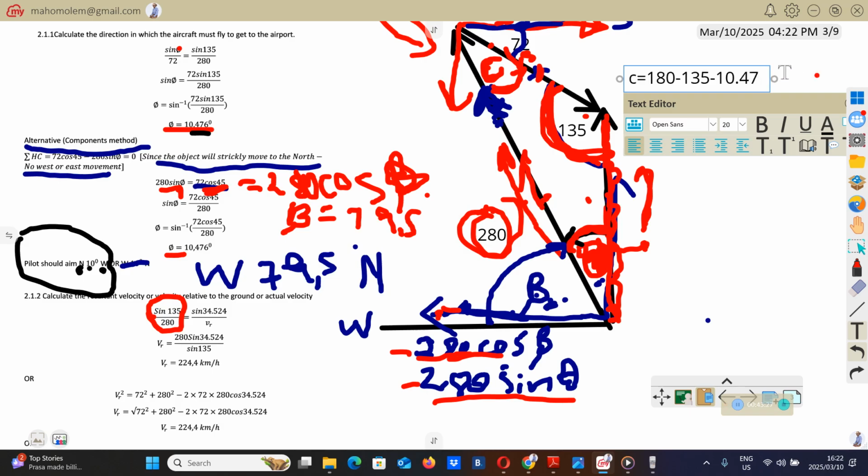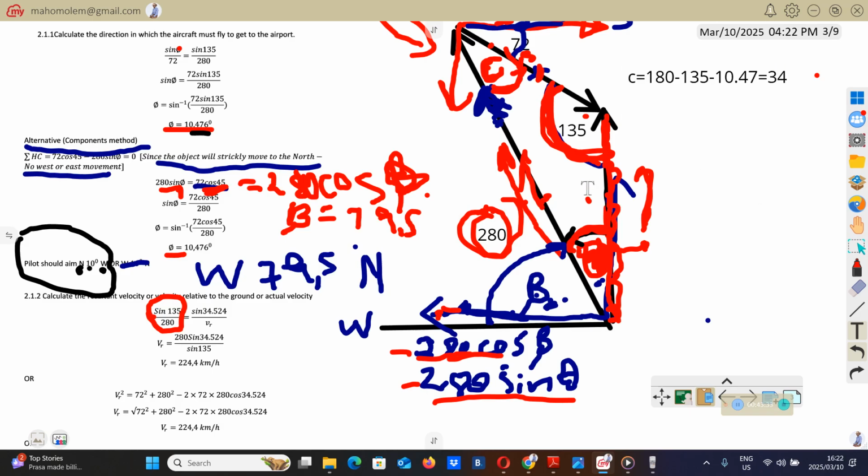Then you will get 84 point something. So you'll say 180, which is the sum of angles in a triangle, minus this angle, minus this angle, then you'll get angle C.